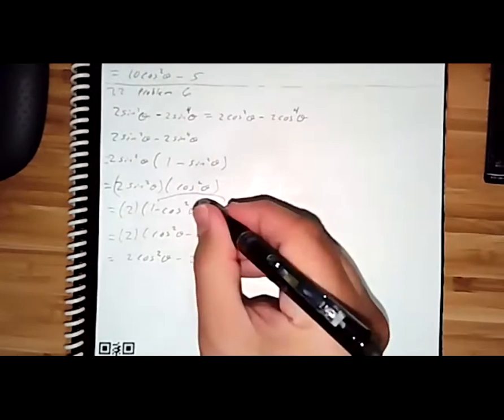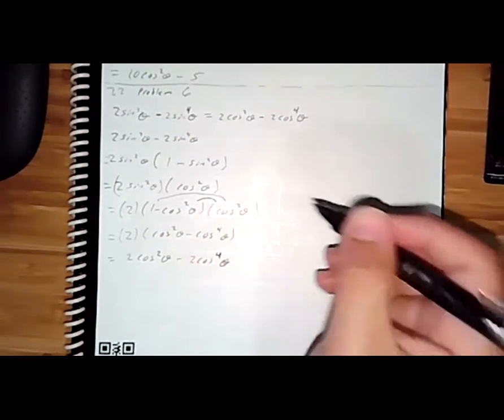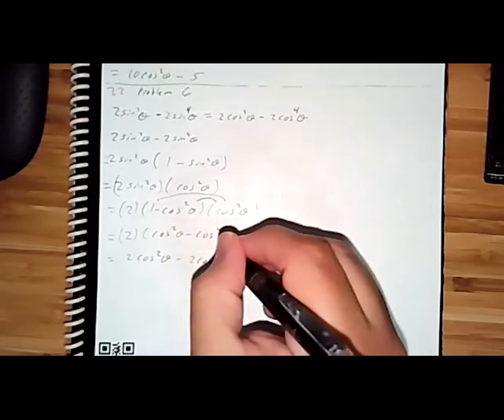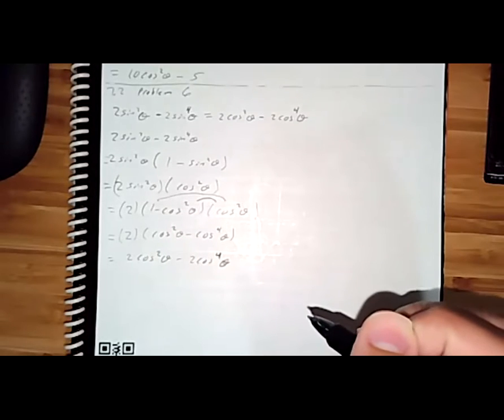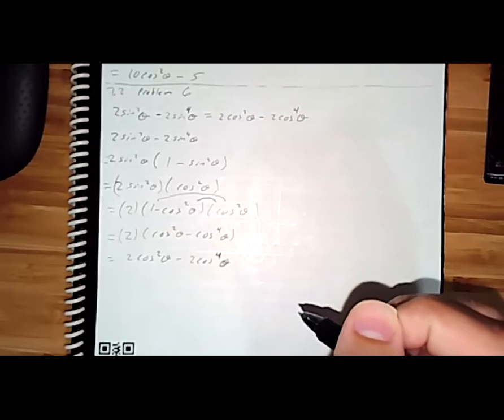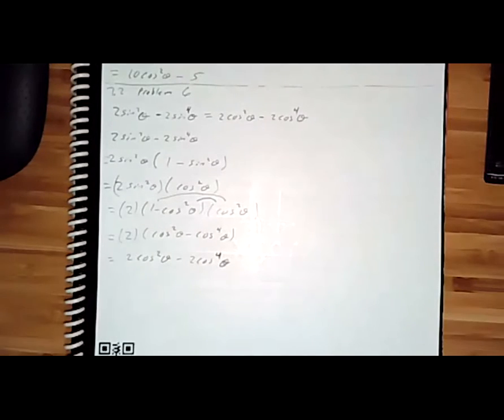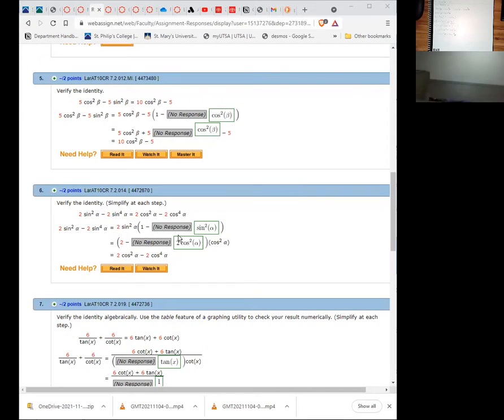Okay. Thank you. So cosine times 1 is cosine squared. Cosine times cosine squared is cosine to the 4th. And what are the 2 things they want me to circle here? So I got the first one right, but the second one I got wrong. Looks like we have the same one. They want you to put sine in here and then 2 cosine.